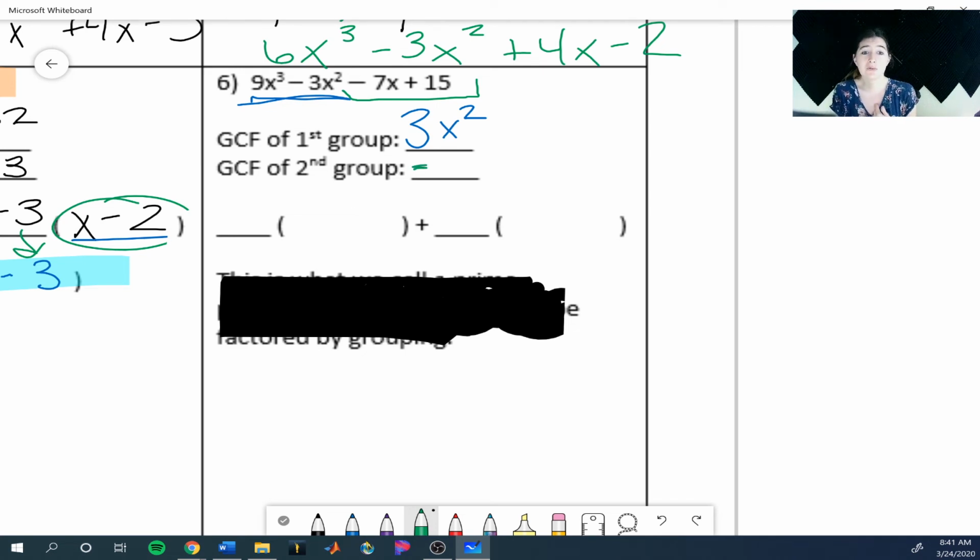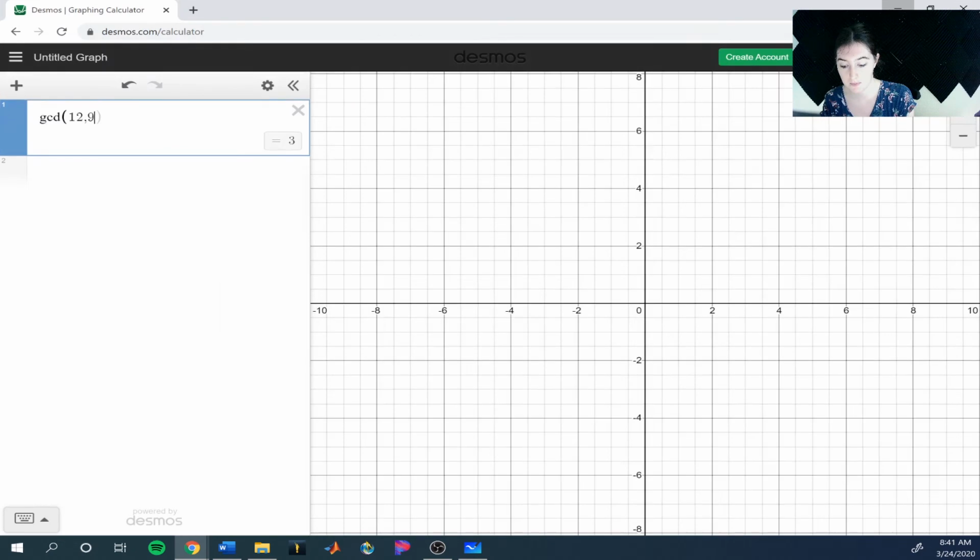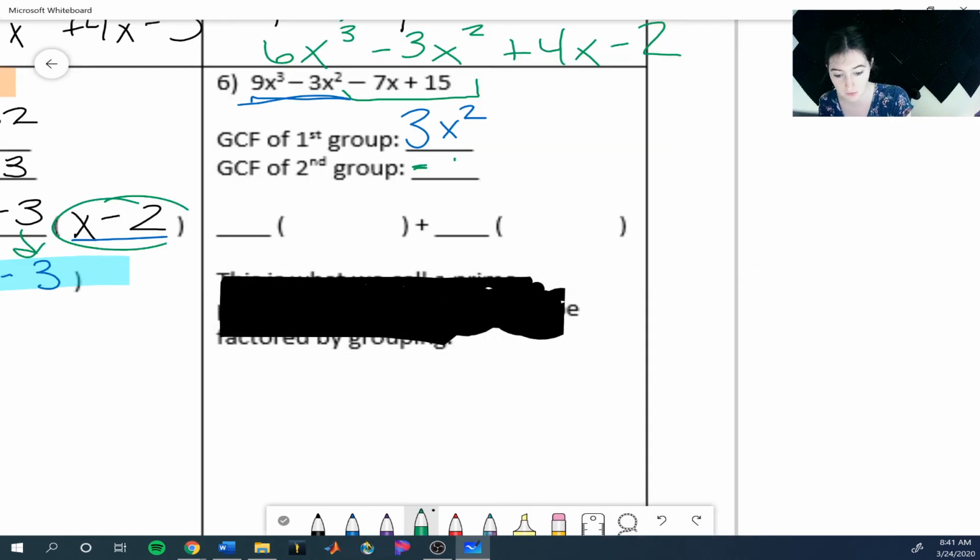Now, I don't remember what the greatest common factor of 7 and 15 is, so I'm going to use Desmos. I'm going to type in GCD, parentheses, 7 comma 15. That GCF is just 1. So let's just write 1.